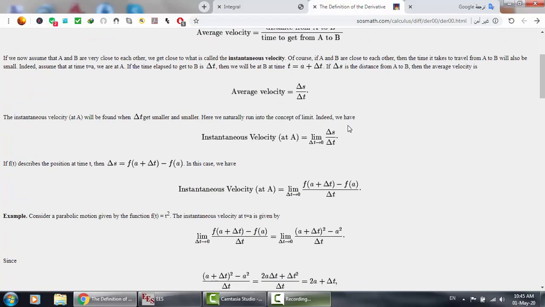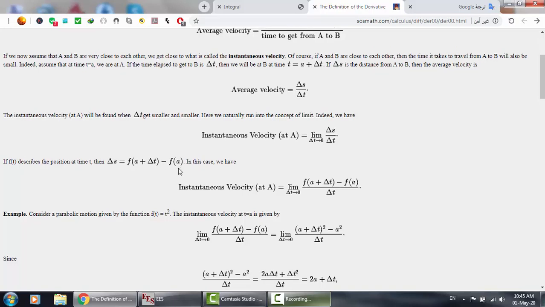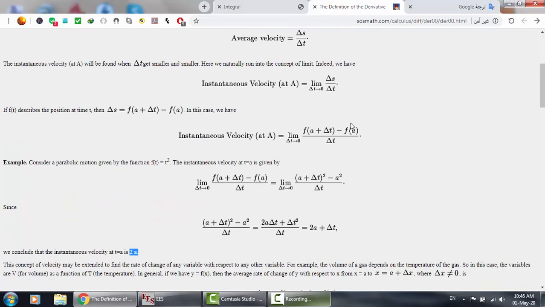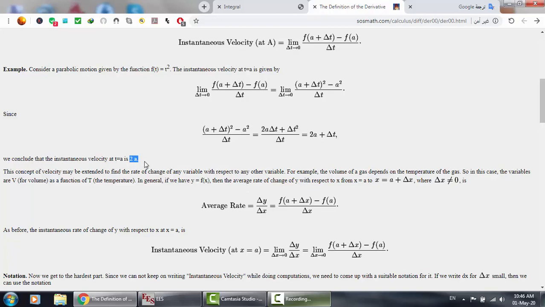Again, this instantaneous velocity is when delta t approaches 0. It is very, very small. Here is delta s, final position minus initial position, and we use the time to express that. So just take the limit and you will get this result.